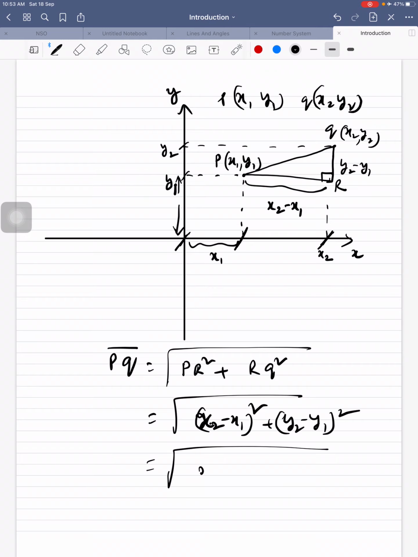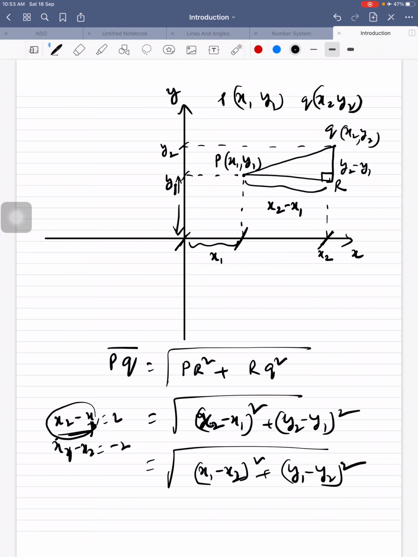This can also be written as x1 minus x2 whole square plus y1 minus y2 whole square, because suppose x2 minus x1 becomes 2, then x1 minus x2 becomes minus 2, because here x1 is less than x2, then only this will get positive.